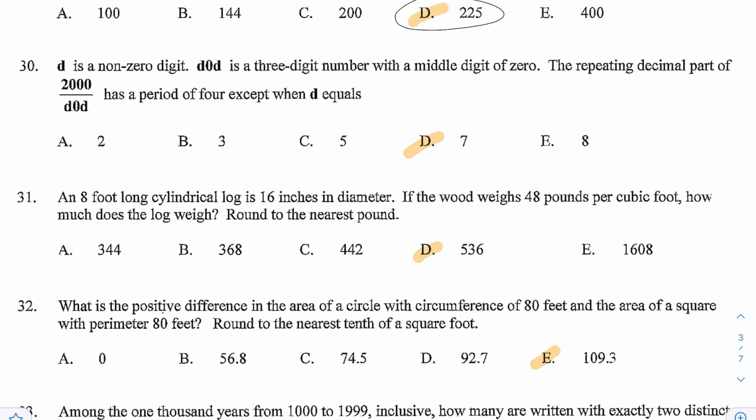All right, so here you have to just go through all the choices and just divide, because you don't know the divisibility rules for these 3-digit numbers. So you can try 2000 divided by 202.